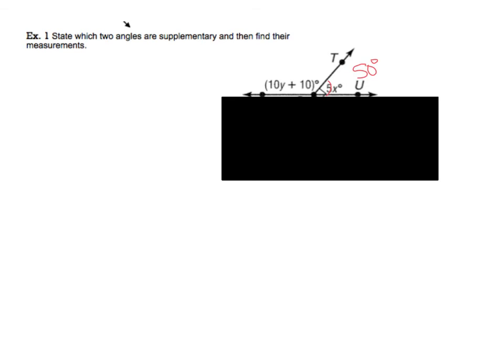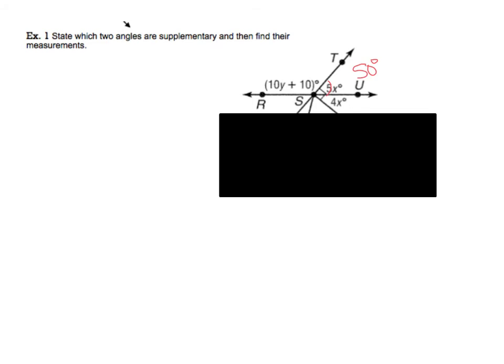So we have angle TSR, which is supplementary with angle TSU. That means these two angles add up to 180 degrees. So 10y plus 10 plus 50 equals 180 degrees.